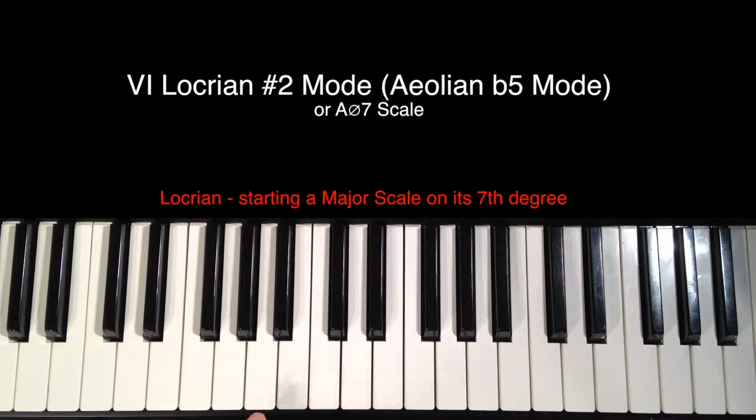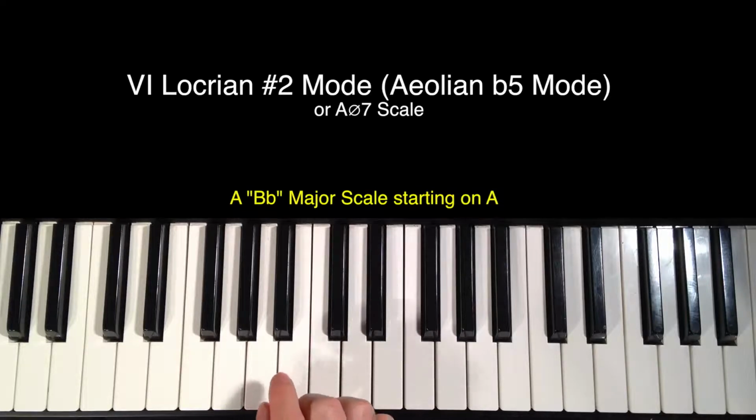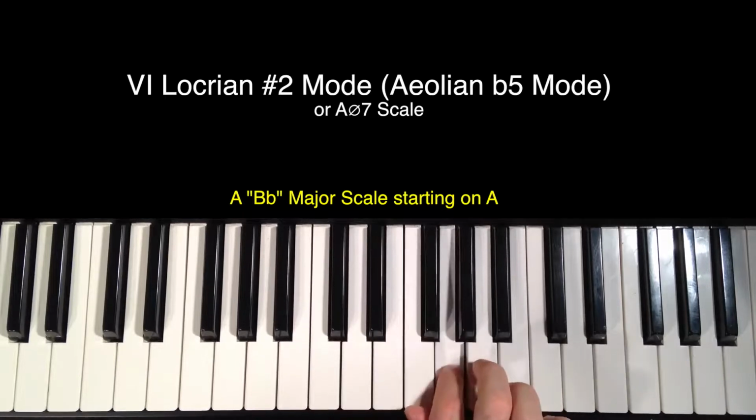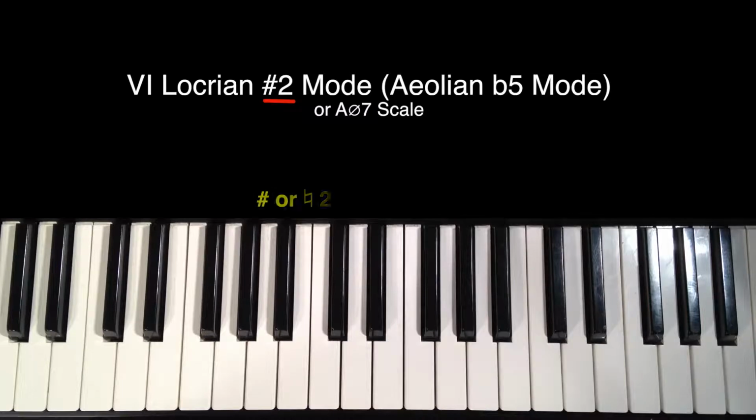So this would relate to B flat major. A is the 7th of B flat. Here's a B flat major scale starting on the 7th. However, this is called a Locrian sharp 2 or a Locrian natural 2, so the B flat becomes a B.